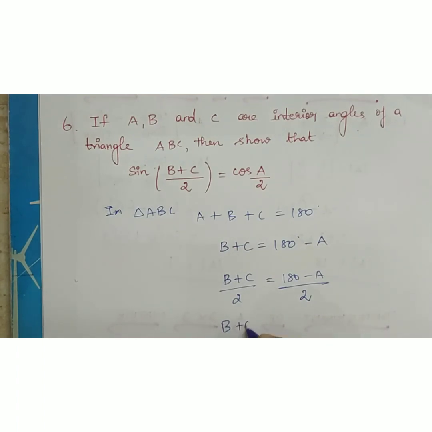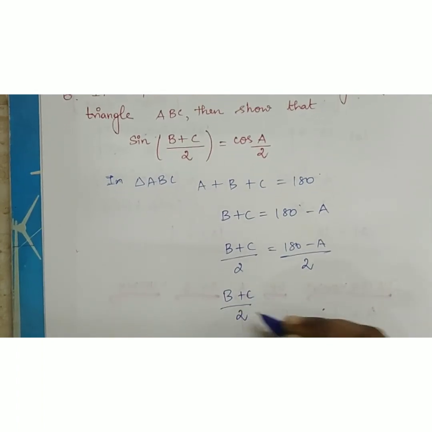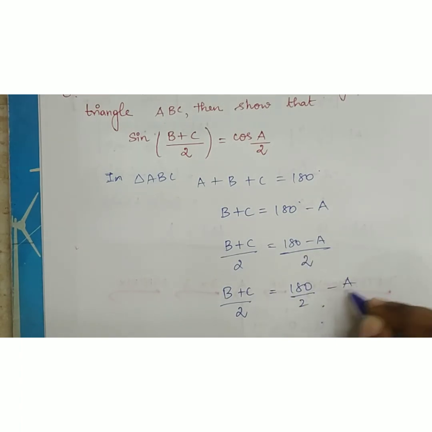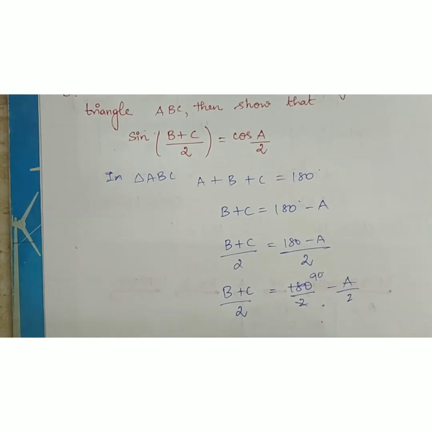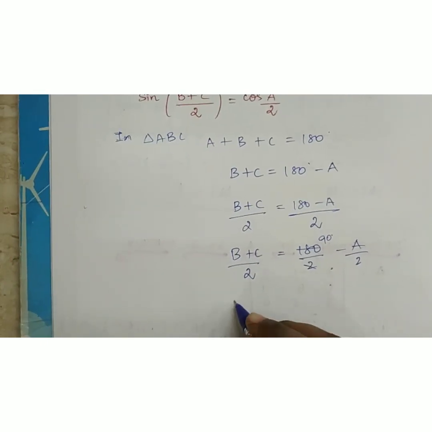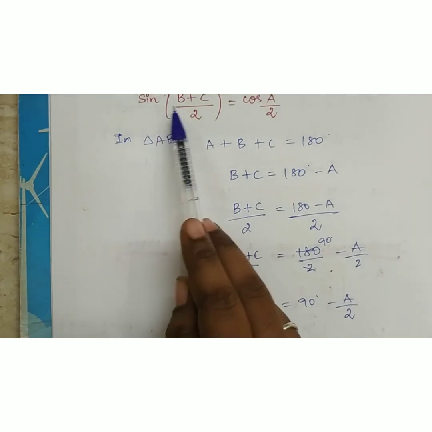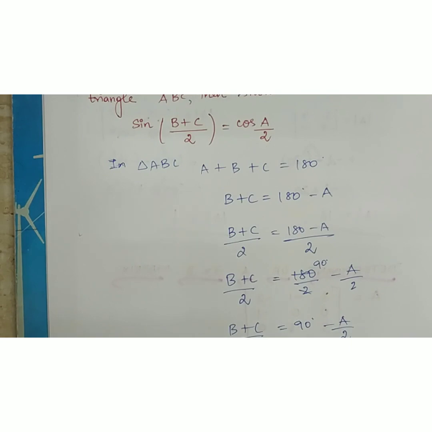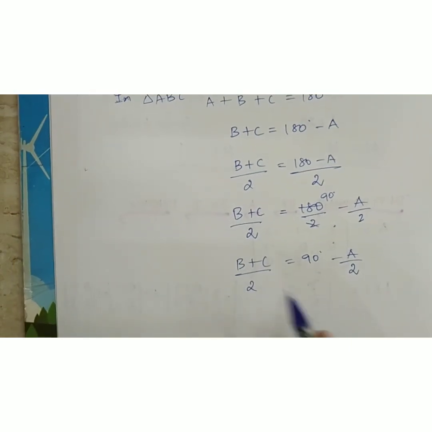In the same way, B plus C by 2 is equal to, you are splitting this numerator, 180 by 2 minus A by 2. Here, 2 nines are 18. So here, B plus C by 2 is equal to 90 minus A by 2. Here you have to prove that sine of B plus C by 2 equals cos A by 2. So you are going to take sine on both sides.